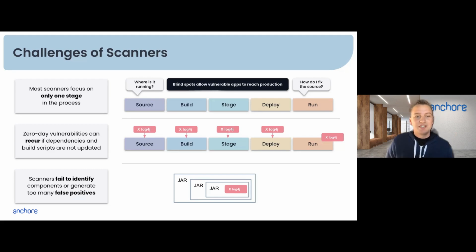0-day vulnerabilities can recur. We talked about this on the previous slide a little bit, but if you're not updating dependencies in your source repo, you could continuously pull that impacted asset in. So updating or upgrading to certain versions and making sure your tool is able to do that is super important during build.